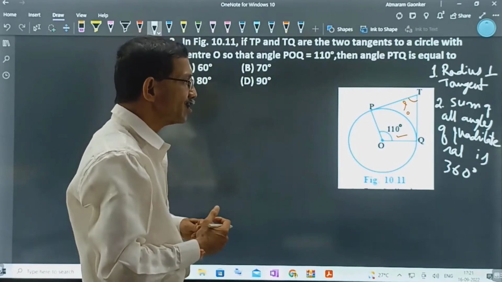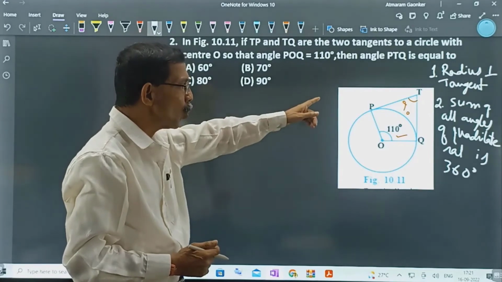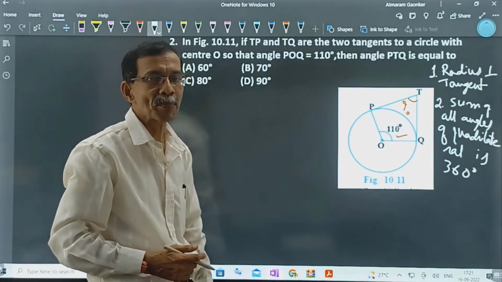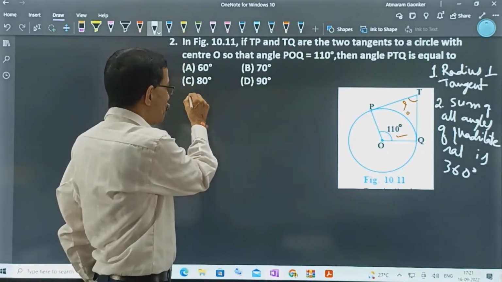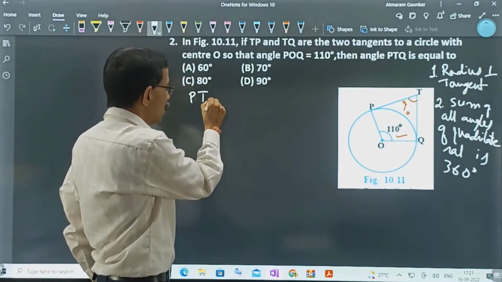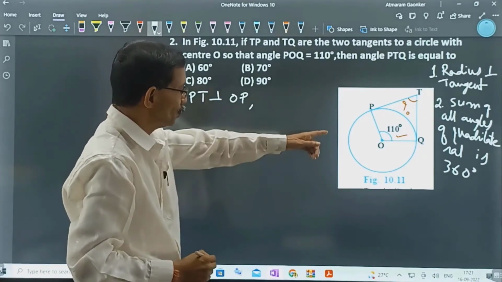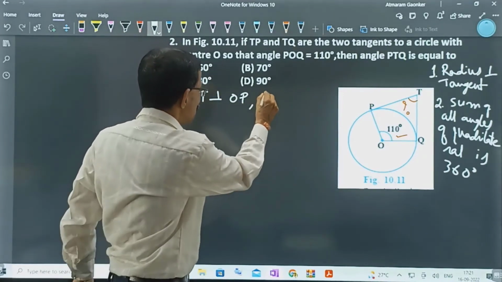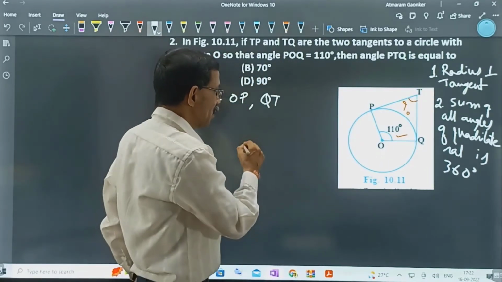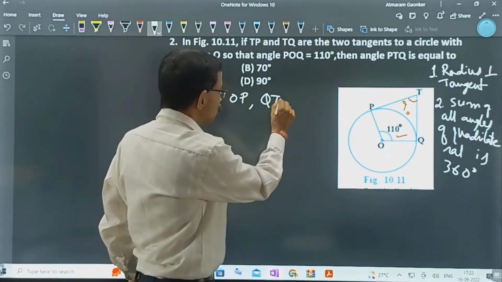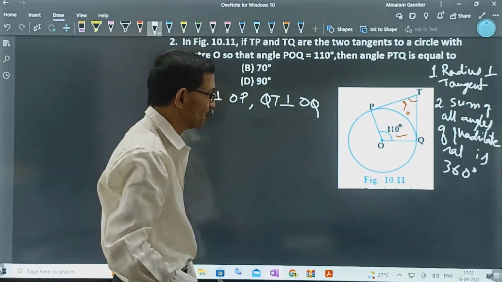So let's begin to solve it. First of all, PO and PT are perpendicular because one is a tangent and the other is the radius. So I'll write PT is perpendicular to OP. Also, QT, that is this tangent, is perpendicular to this radius at the point of contact Q. So this is perpendicular to OQ.